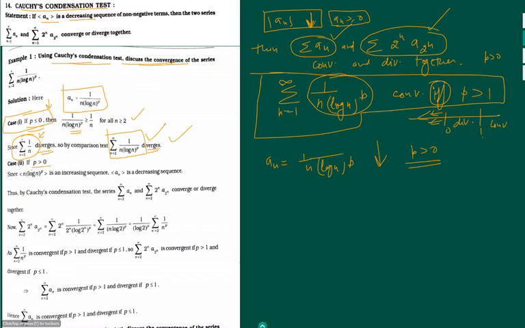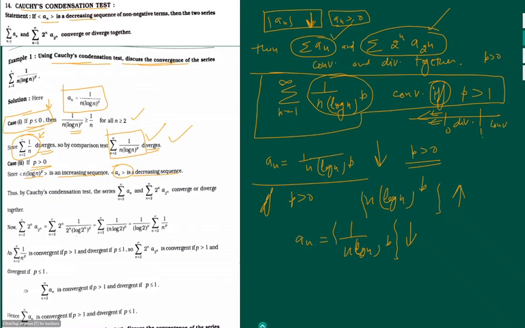Now if p is positive, then n log n raised to power p is an increasing sequence, and so An, equal to 1 over n log n raised to the power p, would be a decreasing sequence.